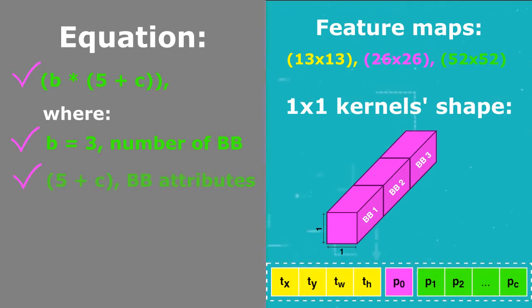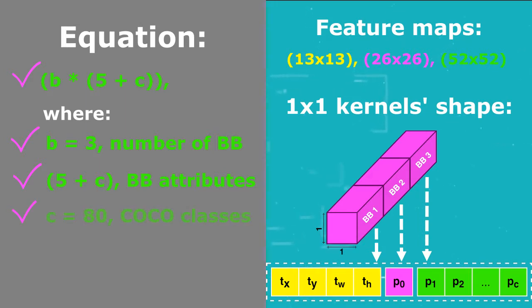Each bounding box has 5 plus C attributes that describe the following: center coordinates of the bounding box, width and height that are dimensions of the bounding box, Objectness Score, and a list of confidences for every class this bounding box might belong to.